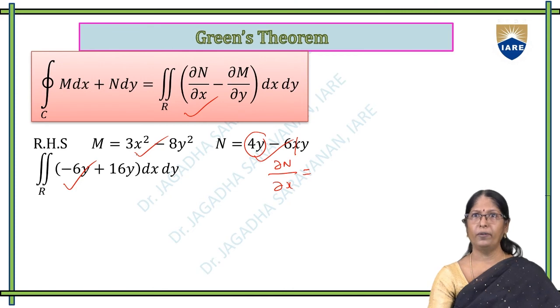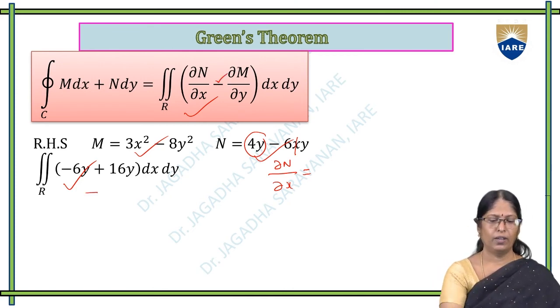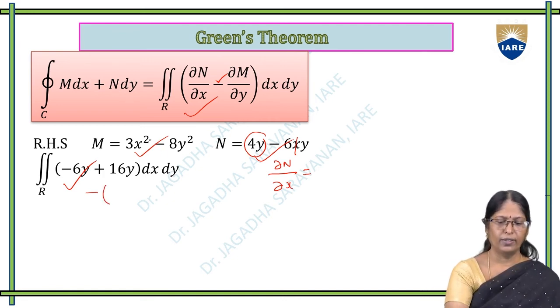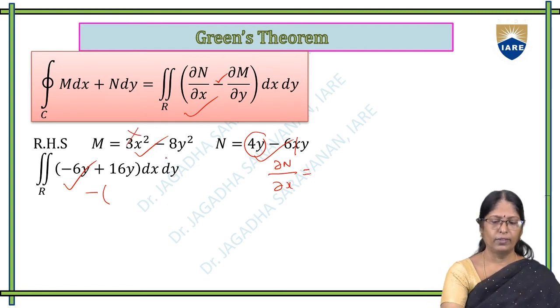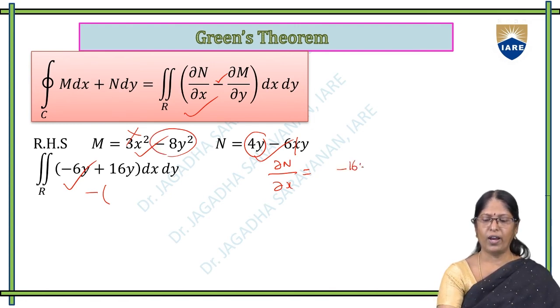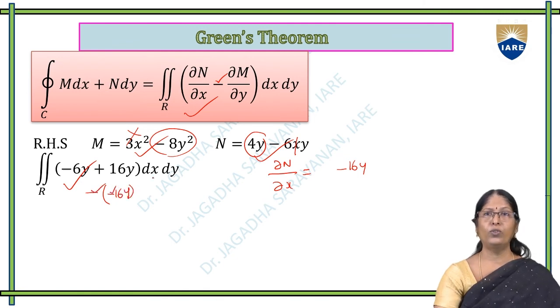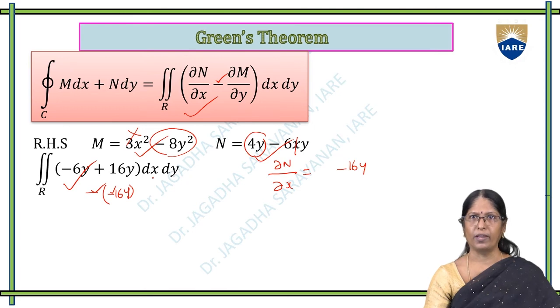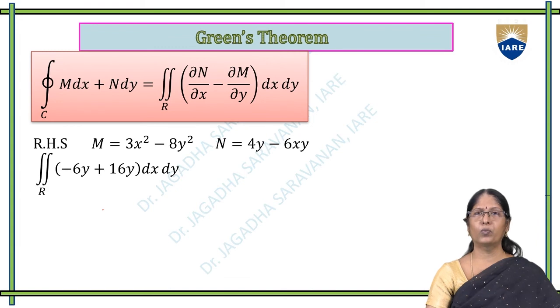This minus is in the formula, that we will keep. Now dou M by dou y, this is to be neglected because there is no y term. This we will focus on, that is minus 16y. Here we are substituting, already minus is there outside, put together it is plus. So minus 6y plus 16y dx dy.